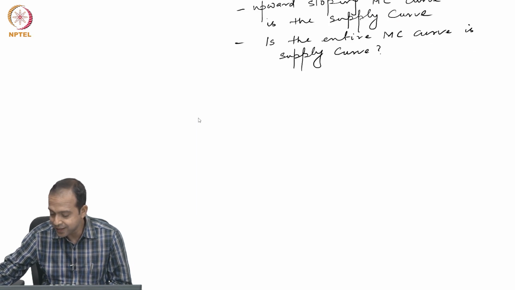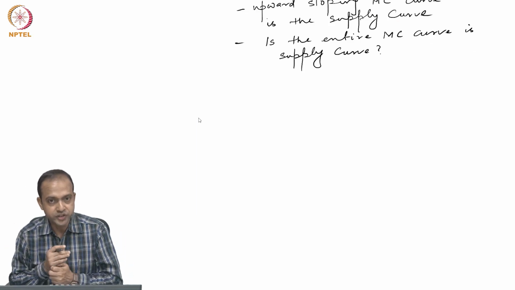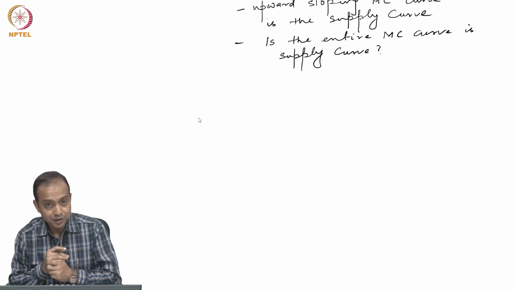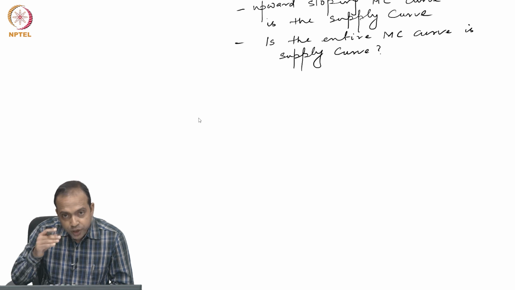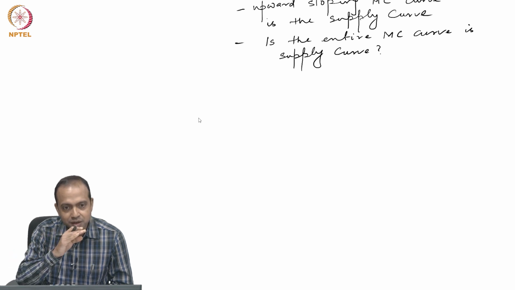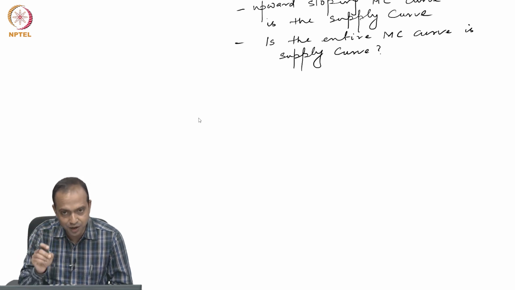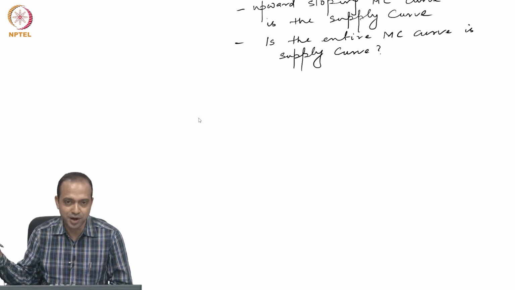To understand that, we need to introduce two more concepts that the firm does in a competitive situation. When should the firm supply any quantity, that means remain live in business? When should the firm stop production for short term, which is called shutdown, and when should the firm exit from the market?